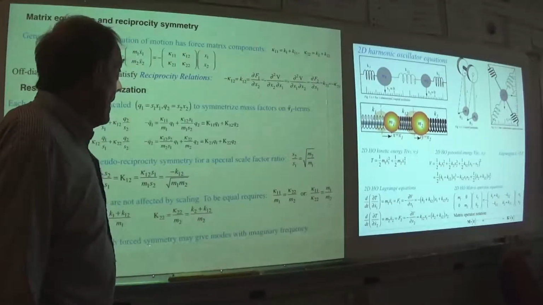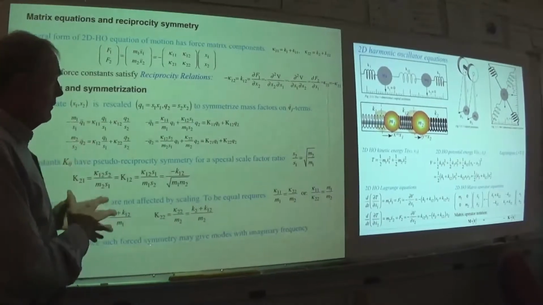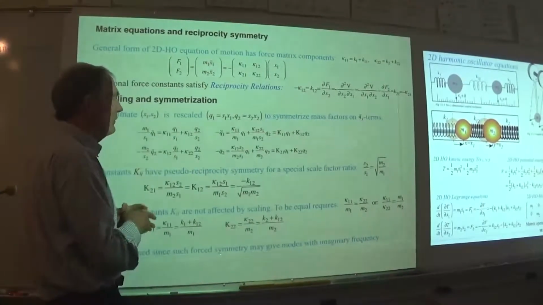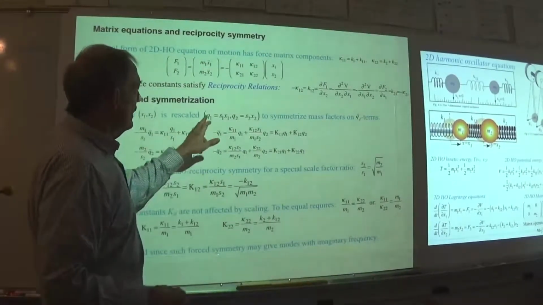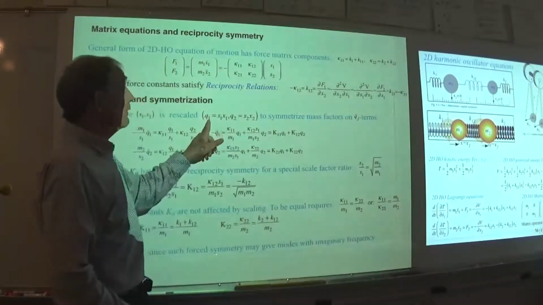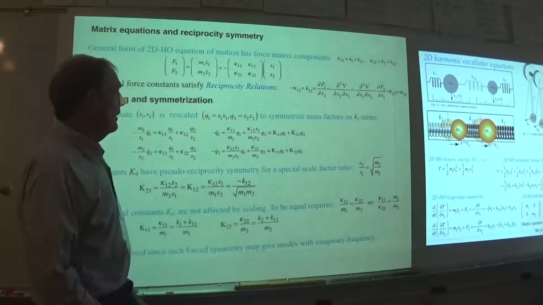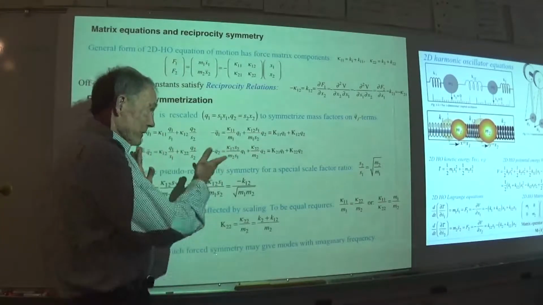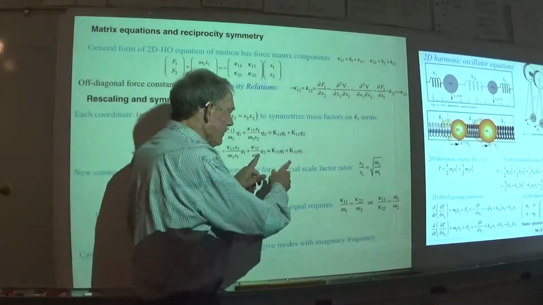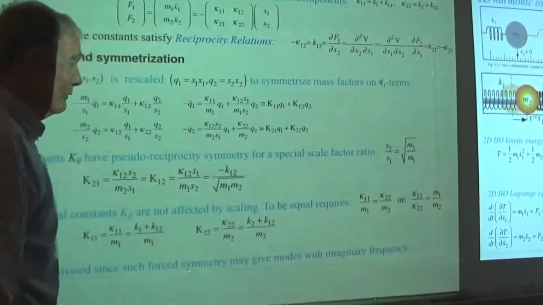And this is a discussion of what you could do if you wanted to deal with something that had different masses: if you rescale each of these x1 and x2 to some queer coordinates, q1 and q2, with a scale factor, it's possible to make an equation where these two coefficients are then equal, even if the masses are different.